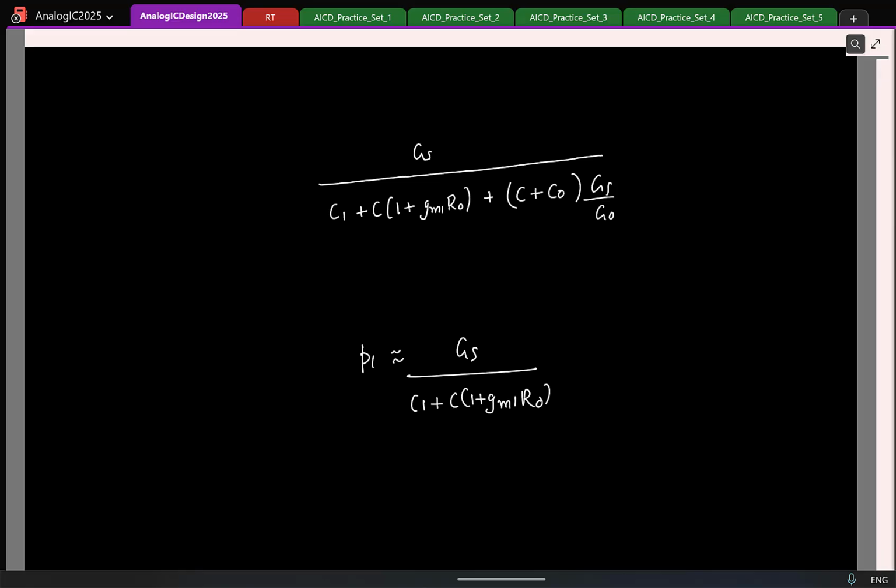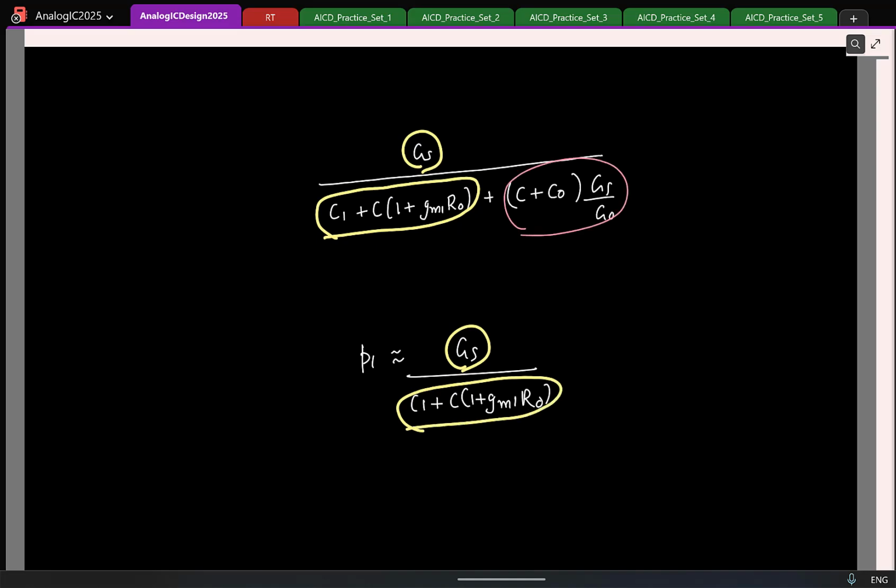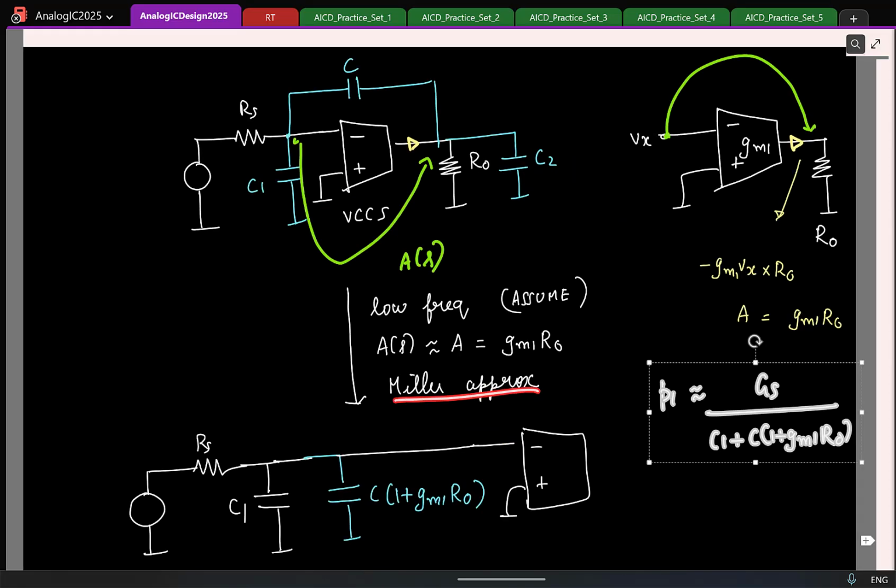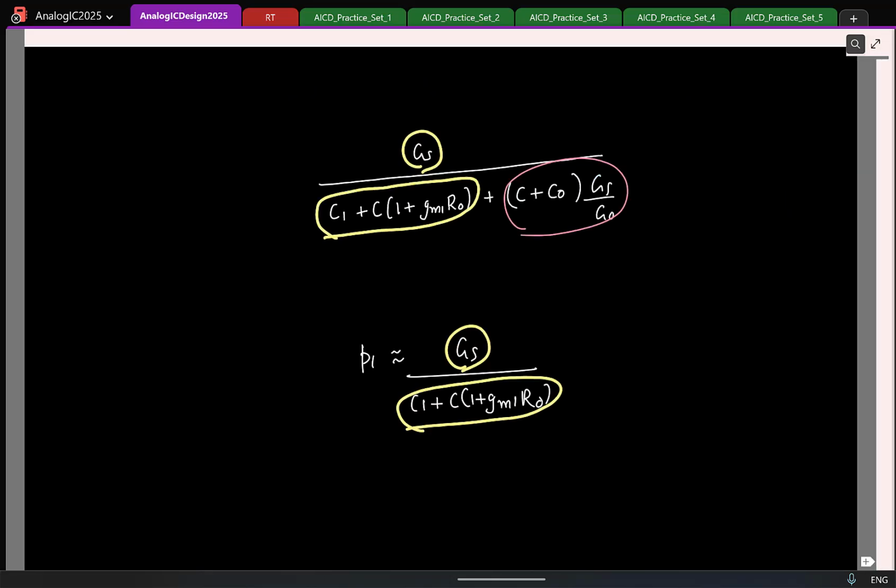Correct. So here I have GS, I have C1, sorry, I have basically C1 plus C into 1 plus Gm R naught. I have this term also. Of course, I have a small additional term here, and that is happening because we did a Miller approximation to start with, so it is bound to happen that there may be some errors here and there.